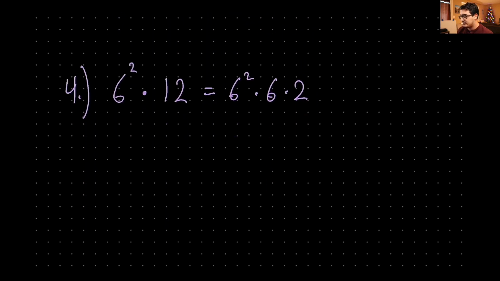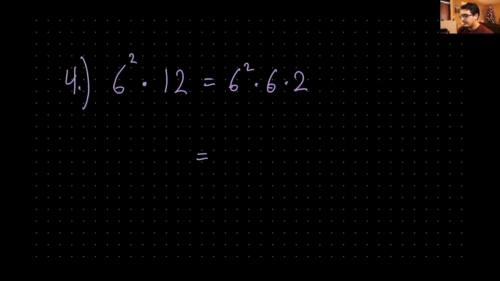So 6 squared is 36 times 6 times 2. 36 times 6, you might need to do this off to the side. There's no problems there. So, we have another 36. 6 times 3 is 18. Plus 3 is 21.